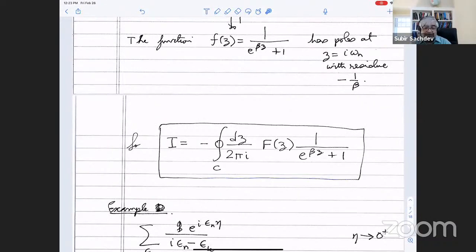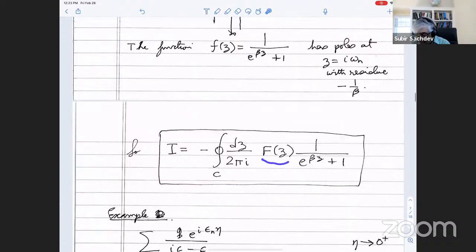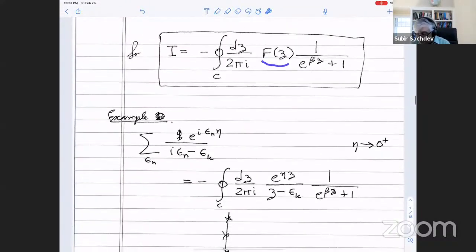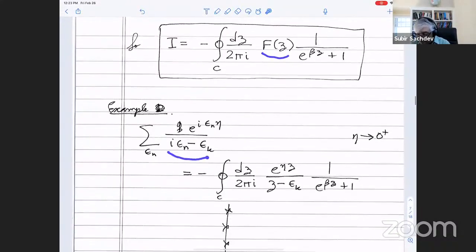So now it reduces to the problem of contour integration, which is a little easier. Now, what is this f of z? In both the Hartree and the Fock term, the f of z was something like this. Let me just write it out.